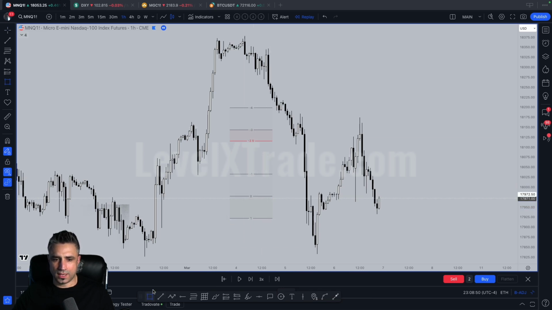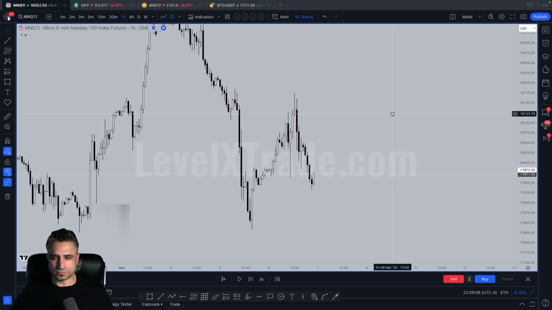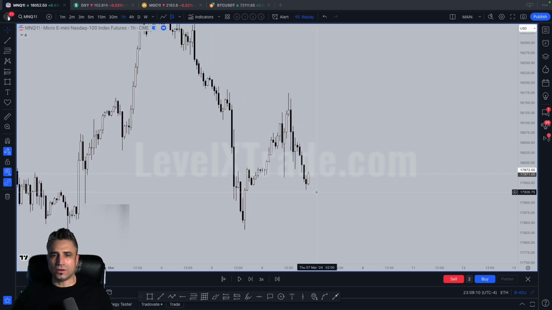The one that I like to use the most, and again, I just use this as a confluence, is the minus 2.5 level. That's when most likely the market is going to retrace or reverse, if the market is overly extended.